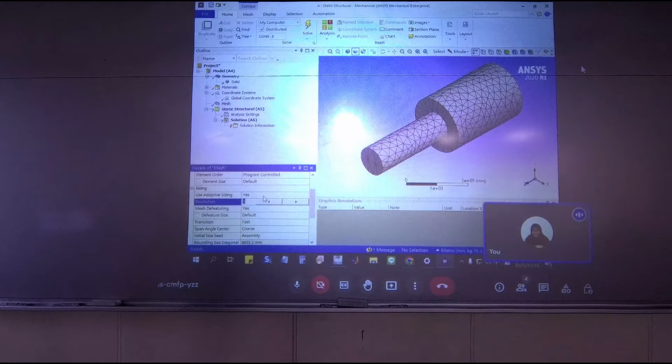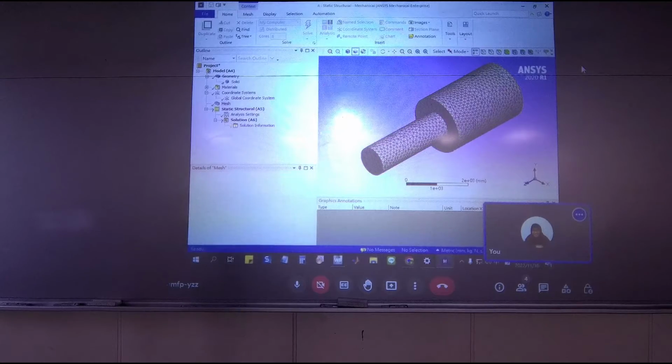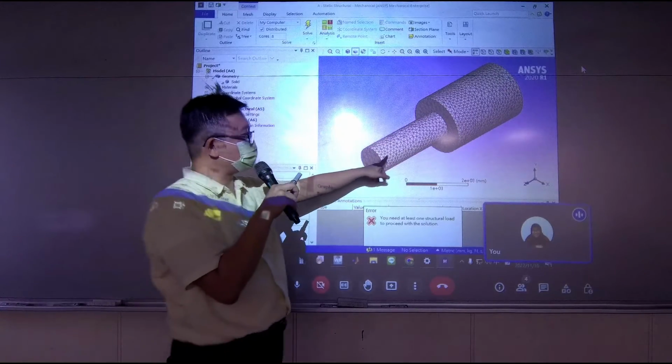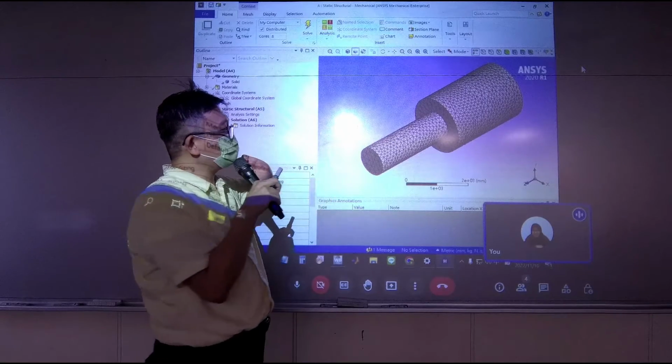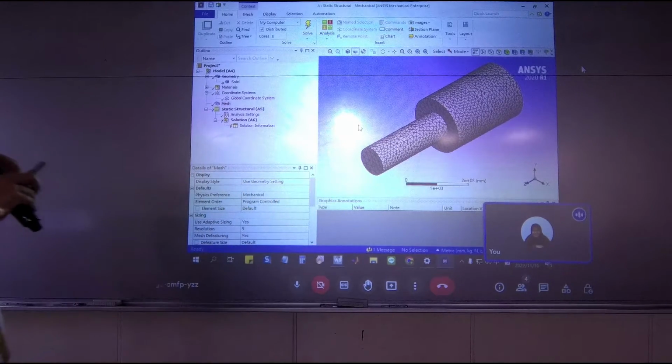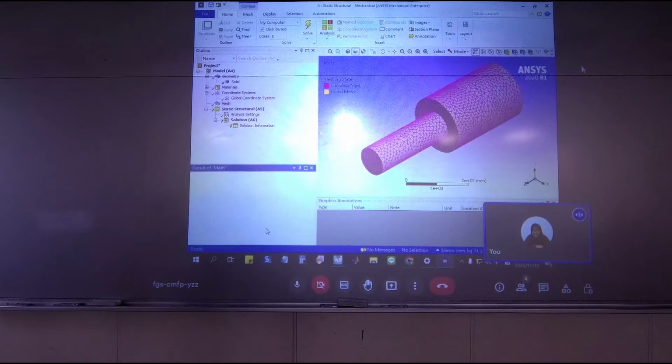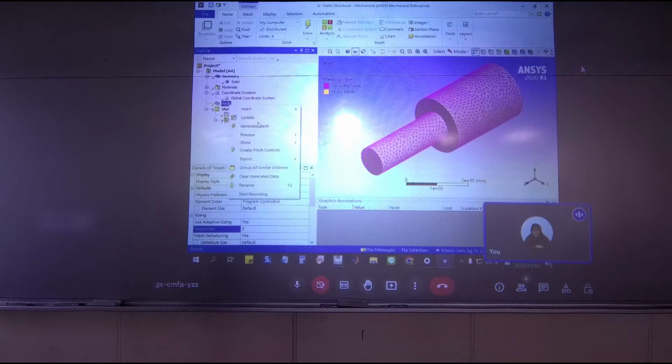So we can see the difference and solve. Okay, then from here you can see the element size becomes so small. So let's try to use 2 for now. Use 2. So by default, it was 2.